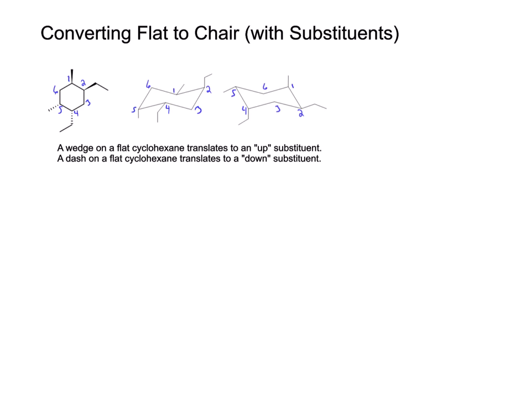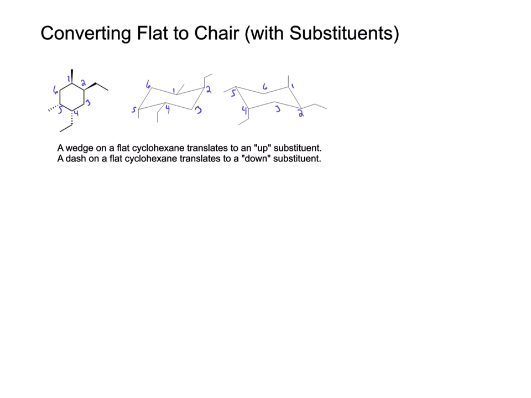So you can see, again, at the 1 and the 2, I have wedges. And at the 1 and the 2 on the chair, I have up groups. Likewise, at the 4 and the 5, I have dashes. So again, on the chair, that ring flip version at the 4 and the 5, I still have down substituents.